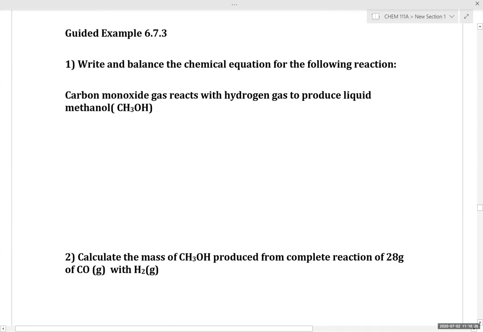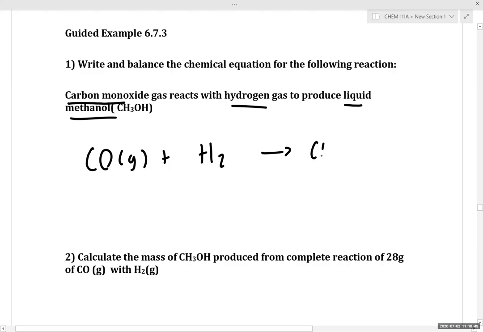So let's do another guided example again, where we have to write a formula from the word expression. And this time we're doing calculations involving masses. So carbon monoxide gas, that's CO gas, reacts with hydrogen, which is H2, to produce liquid methanol.